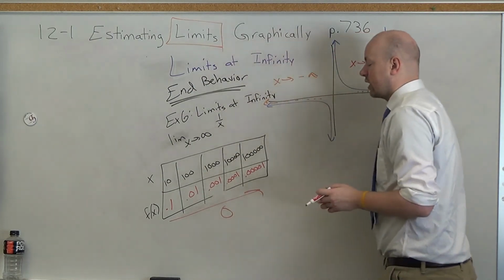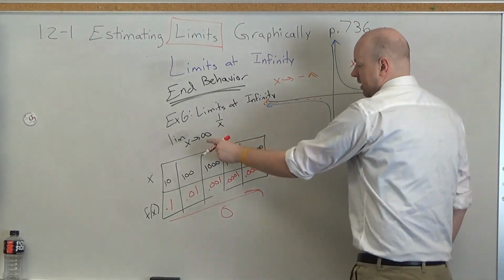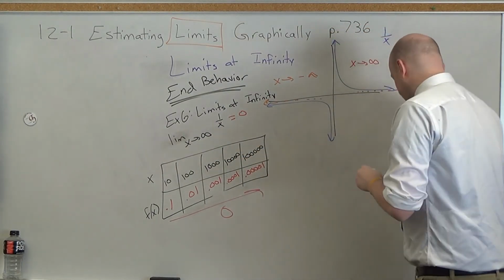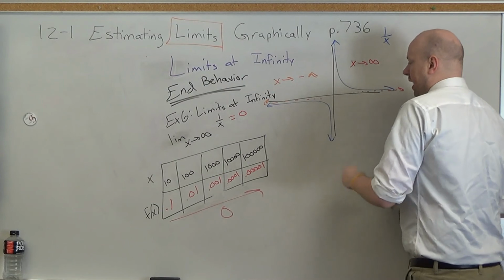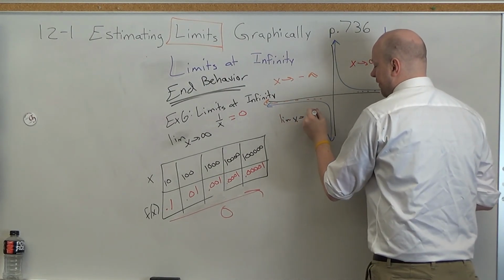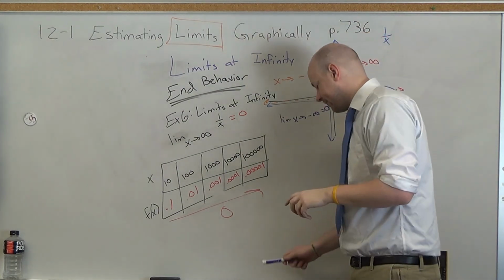We're getting closer and closer and closer to 0, we're never quite getting there. So my limit as x approaches infinity of this would be 0. The exact same way that my limit as x approaches negative infinity would also be 0 for this particular function.